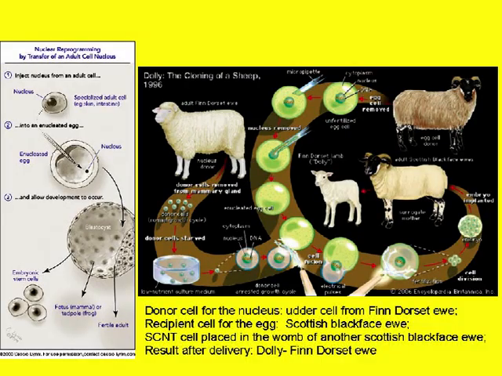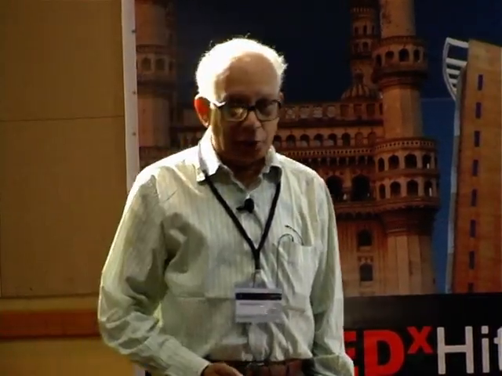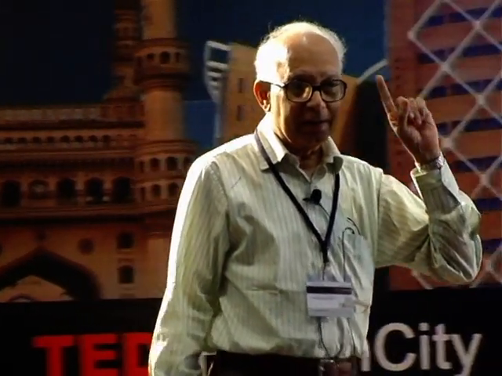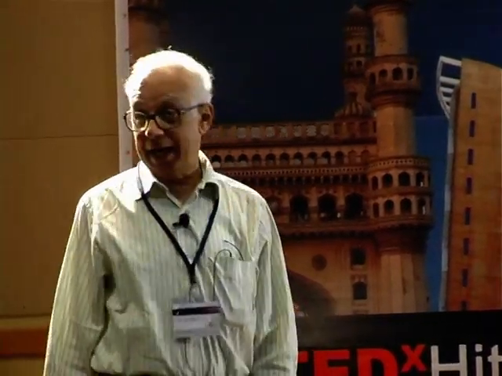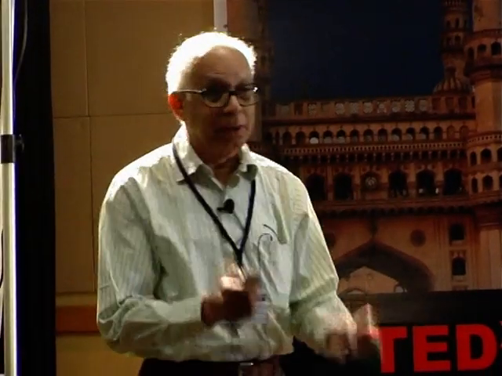Who are the grandparents? That lady, or that sheep, actually gave her entire genome, because she got it from her father. So Dolly might not be the daughter of Molly. She might actually be the granddaughter. So you've got a problem in here, you see.